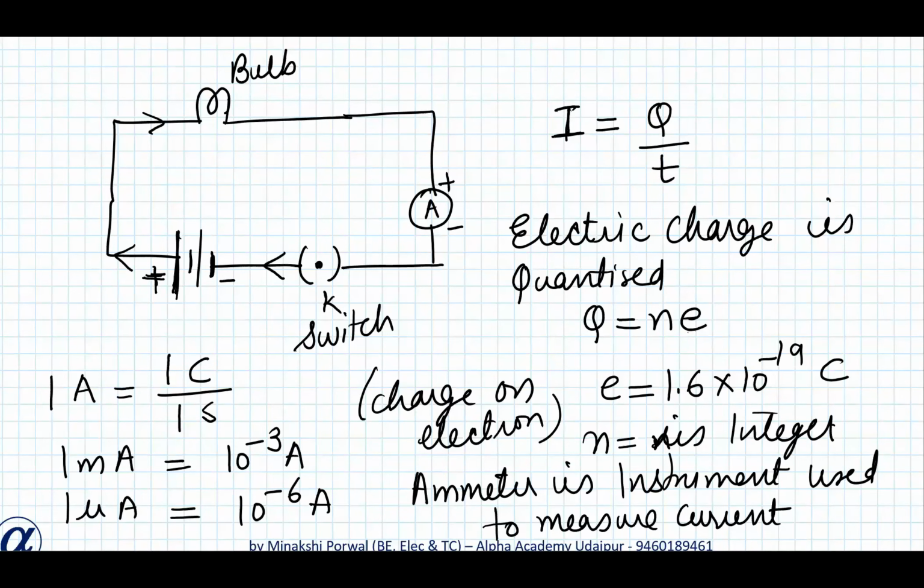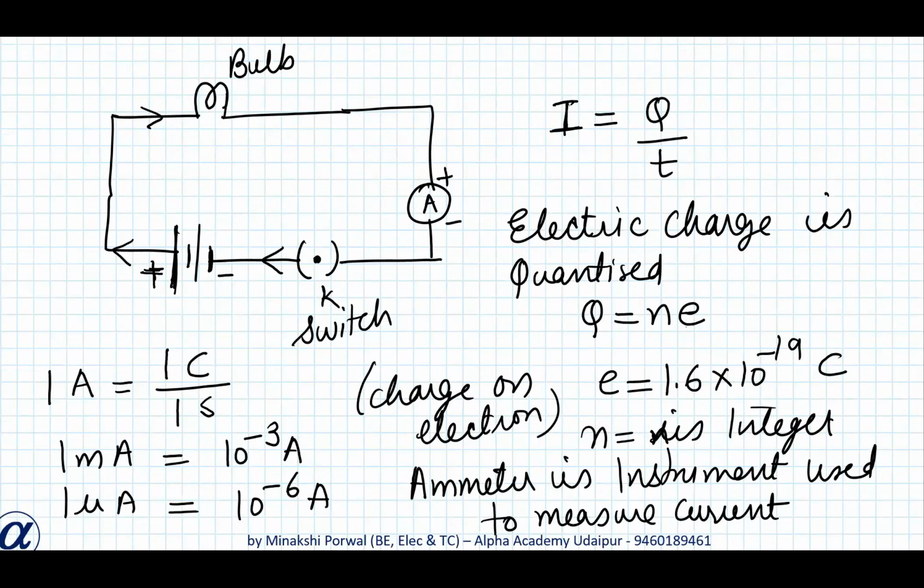Ammeter is always connected in series in a circuit. अब series connection और parallel connection ये detail में next coming classes में आएगा. So for time being, you can just remember this thing. Then I'll explain in detail what is series connection and what is parallel connection. Here you can remember that the ammeter is an instrument used to measure current and is always connected in series.